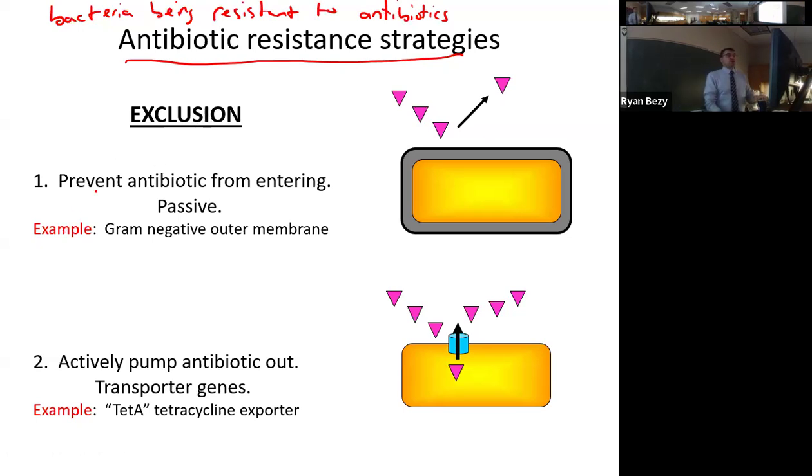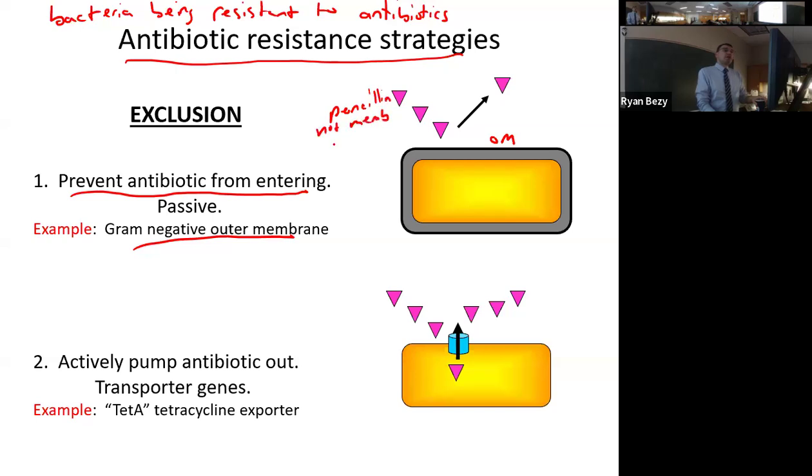So you can prevent the antibiotic from even entering into the cell. For instance, many gram-negative bacteria have an outer membrane. Something like penicillin is not membrane soluble. So penicillin hits the outer membrane and it just bounces off. Does it ever reach its target?